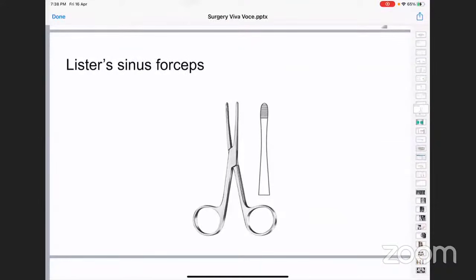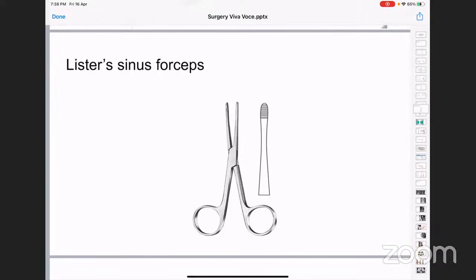So Lister sinus forceps is generally used for packing sinuses or abscess cavities. Once you have drained an abscess and you leave behind a dead space, in order to prevent the obliteration of the dead space, or to prevent or drain fresh collections, you usually pack such abscess cavities with a ribbon gauze.